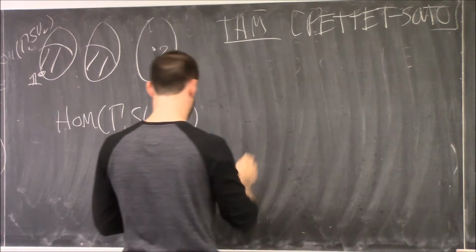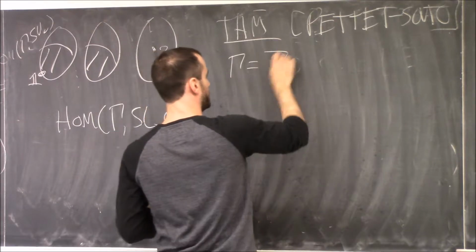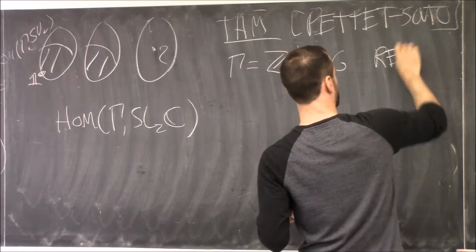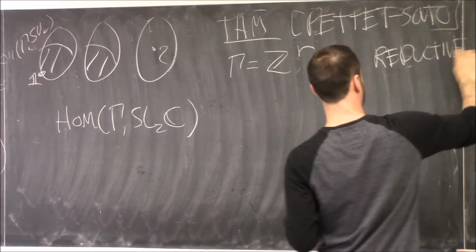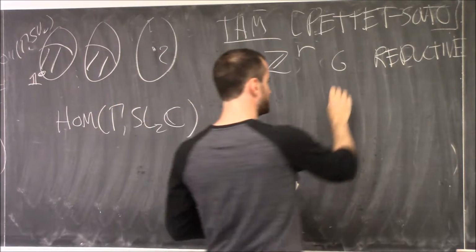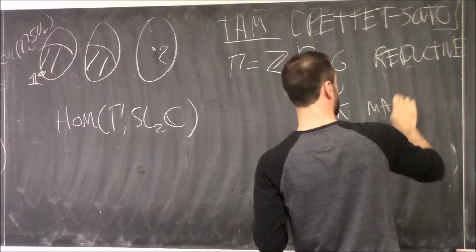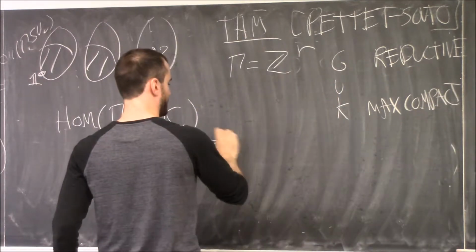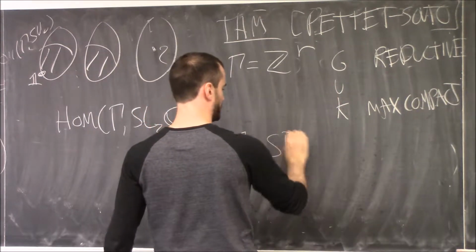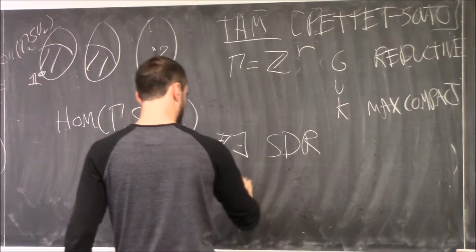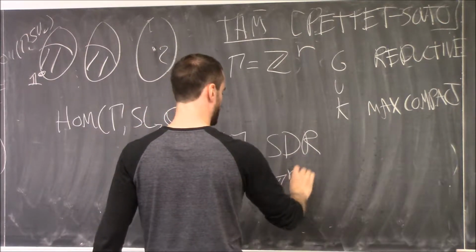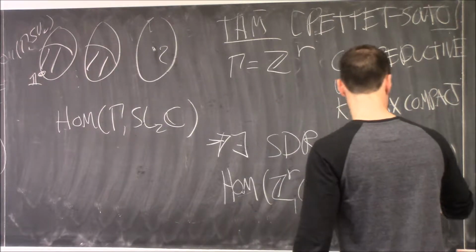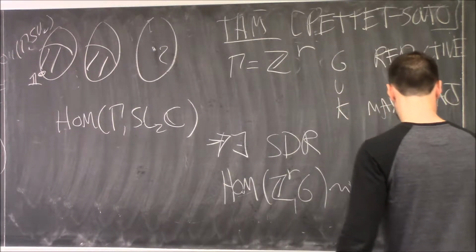What's going on here is that if Γ is free abelian, G is reductive, so you can think SLNC, and K is maximal compact, then there is actually a strong deformation retraction of Hom(Z^r, G) onto Hom(Z^r, K).